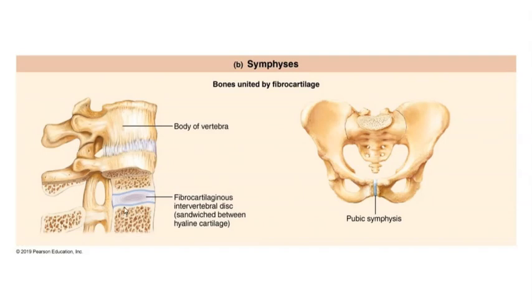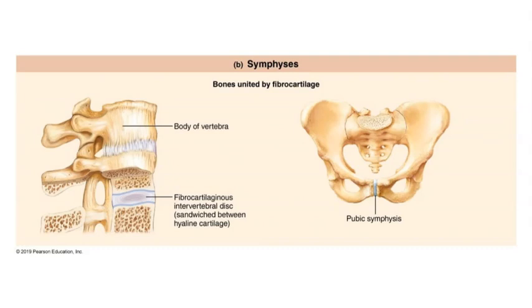Notice here too that these little light blue lines on either side of the fibrocartilage disc are actually little pads of hyaline cartilage, and these pads on the ends of the two vertebrae serve to protect the ends of the bones there.